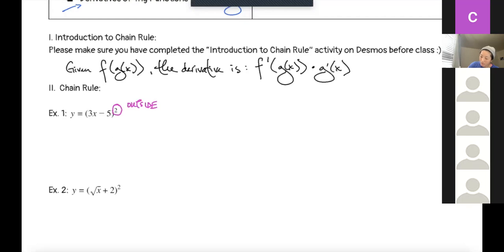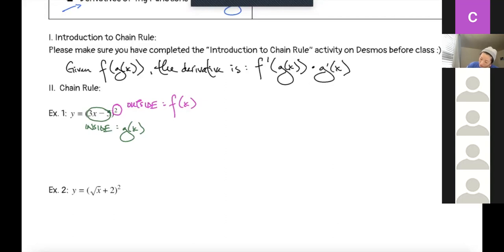And what do we have for our inside function? 3x minus 5. Okay, so this is our inside function. And if I use the letters that we used above, we might call this outside one f of x. And this inside one we would call g of x.